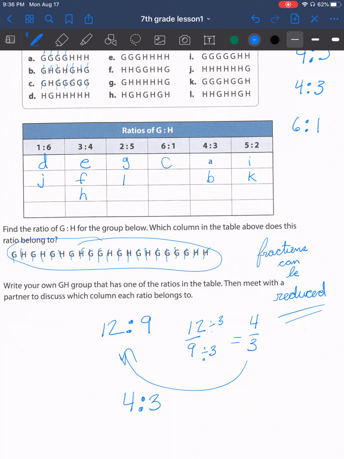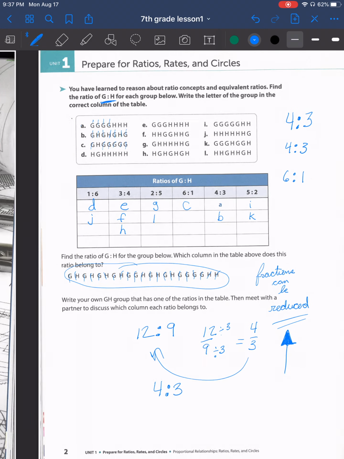Where would that go in this table? Yep, it would go right there. Perfect, 4 thirds. So the big thing that I want you to remember on this is that ratios can be reduced because a ratio can just be written as a fraction, okay? Ratios and fractions can be reduced.